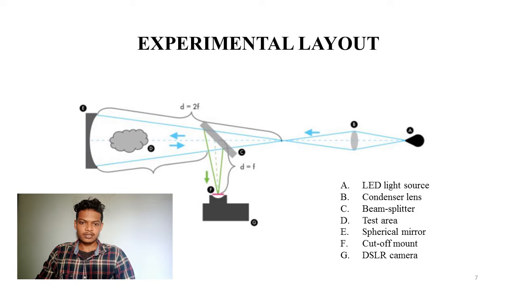And D, a test area where we keep the aerofoil. And E, the spherical mirror which reflects the light. And F is the cutoff mount, and G is the DSLR camera. We can place a white screen over the DSLR camera because the DSLR camera is used to record the images.